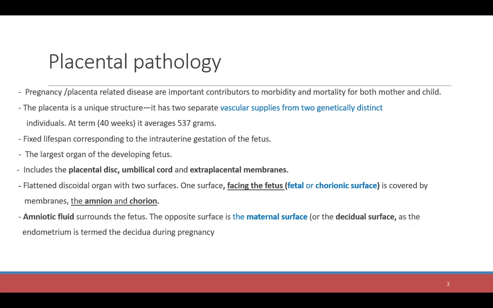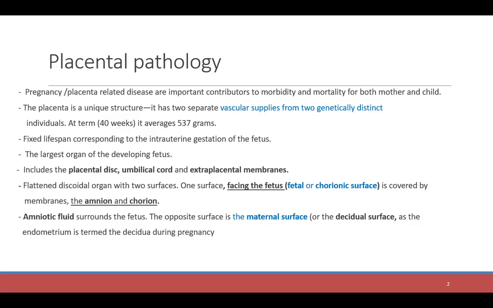We have the placental disc, umbilical cord, and the membrane. So three components: disc, membrane, umbilical cord. The discoid organ has two surfaces. We have the surface facing the fetus and the other facing the mother. So two surfaces, one facing the mom and the other facing the fetus.